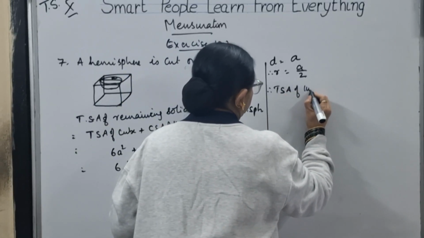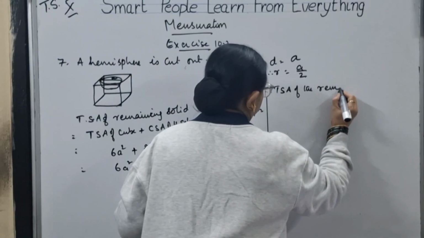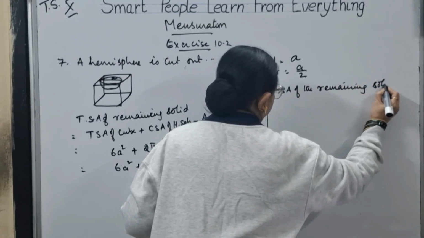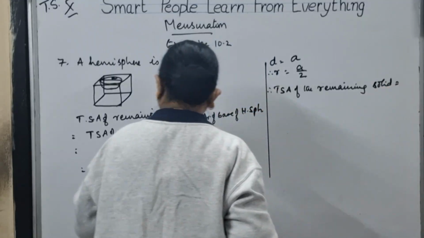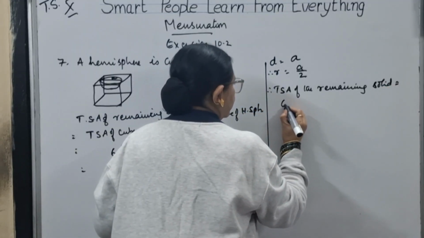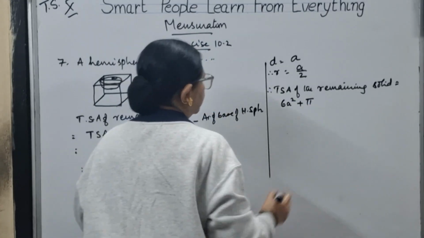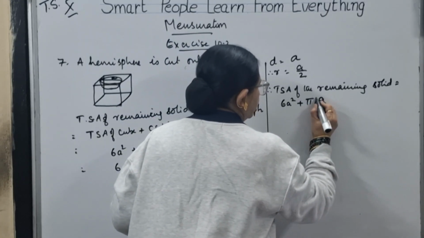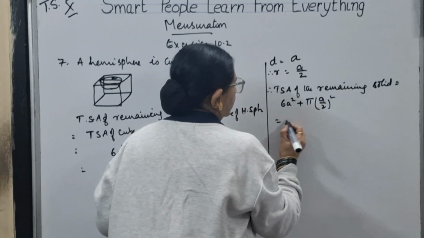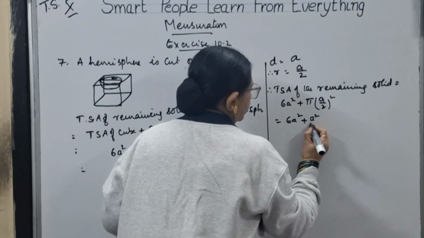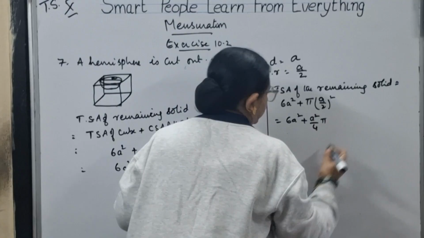Therefore, what is the TSA of the remaining solid is equal to 6a square plus pi r square means a by 2 whole square. That is equal to 6a square plus a square by 4 into pi.